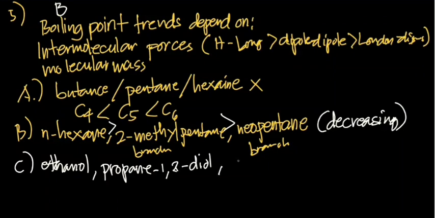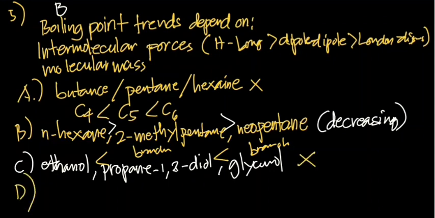And then the last one has three OH groups, glycerol. Take note, the more OH groups, the stronger the H bonding, which means higher boiling point. So glycerol is greater than propanediol and greater than ethanol. So this is not the option.